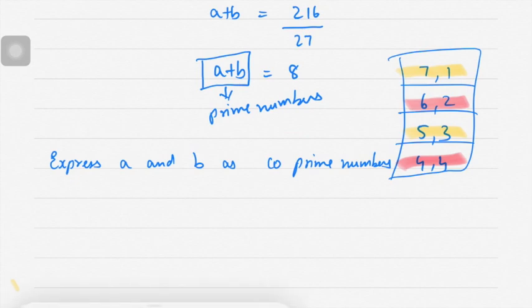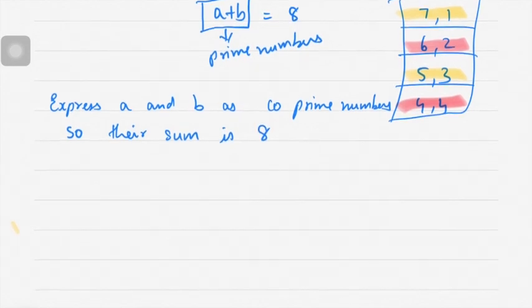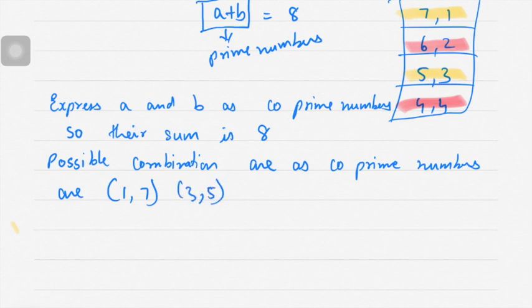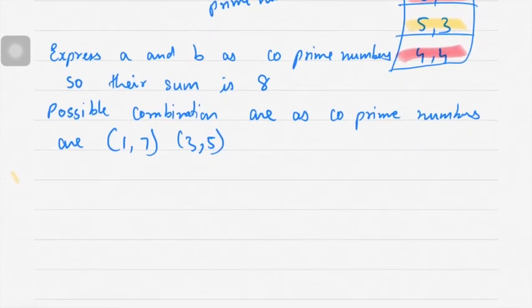So the sum is 8. Possible combinations as co-prime numbers are 1, 7, 3 and 5.